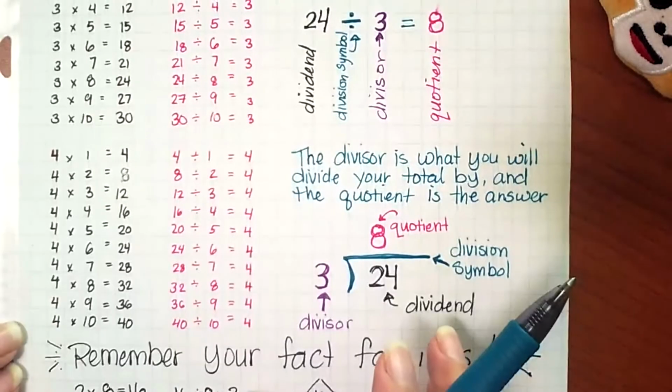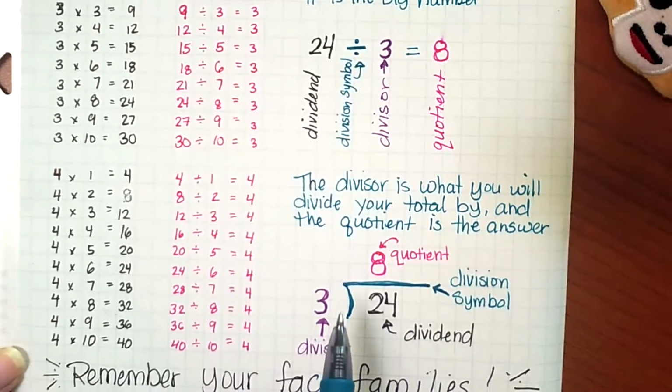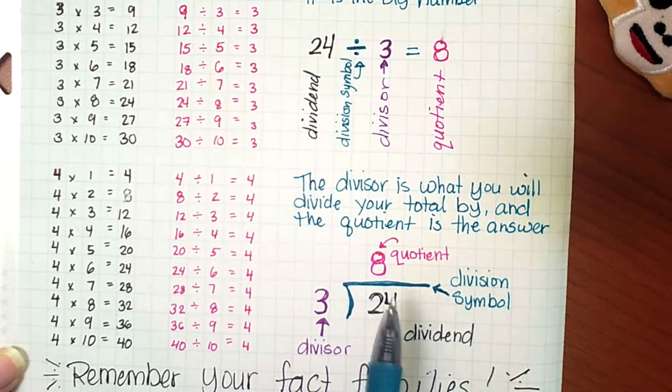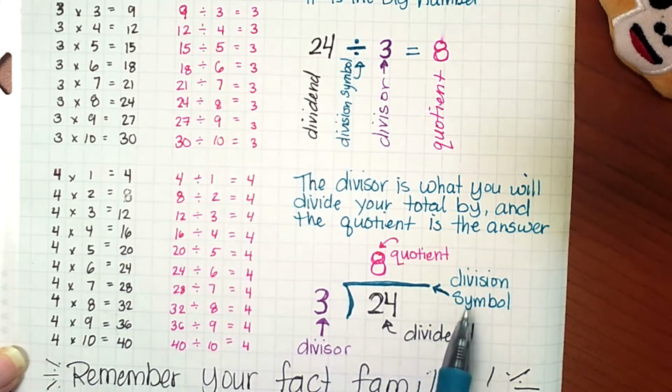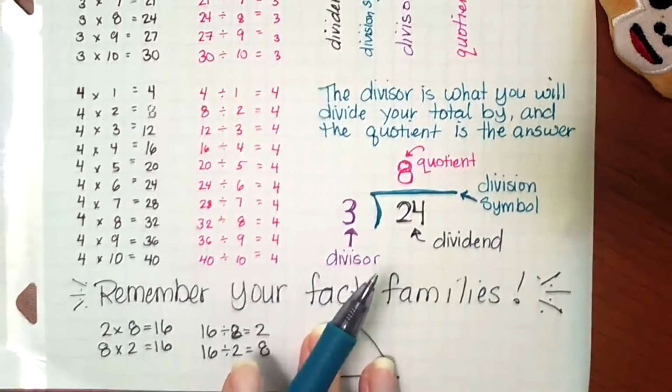So again, here is our division bridge over here. We have our dividend goes under the bridge, our whole number. The divisor, what we're breaking it apart into by how much, goes outside, and your quotient or your answer is going to go on top. So your division bridge over here functions, or its job is basically to be your division symbol.